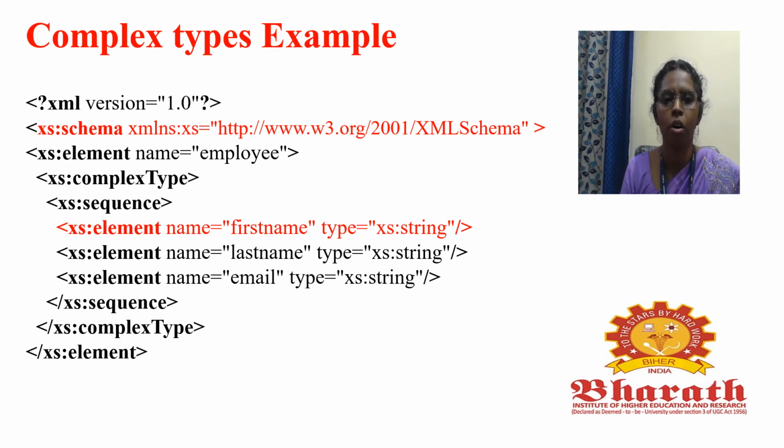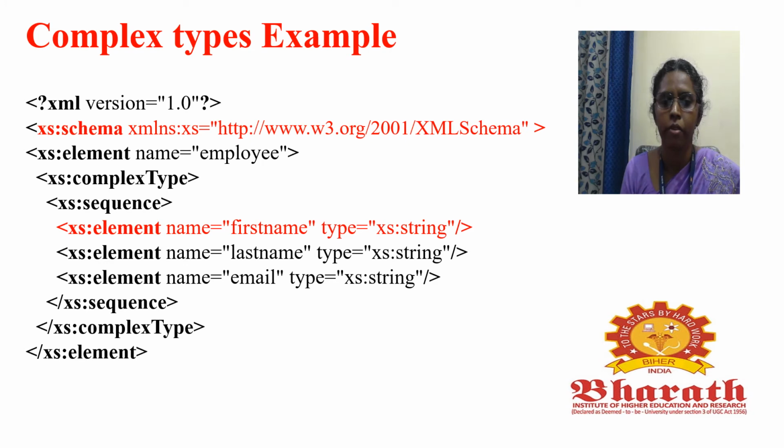It belongs to the complex type. What is the meaning? We may have multiple attributes, that is first name, last name, email. Everything should be in order. First we have to mention the first name, the second one is the last name, and the third one is the email. So we are mentioning here that the schema should be in sequence.